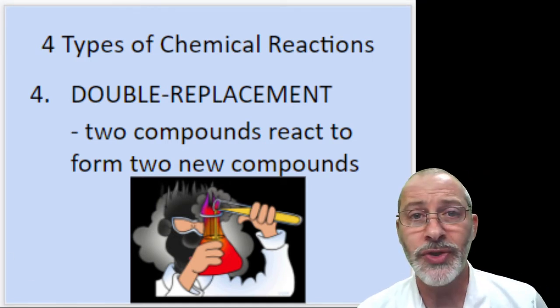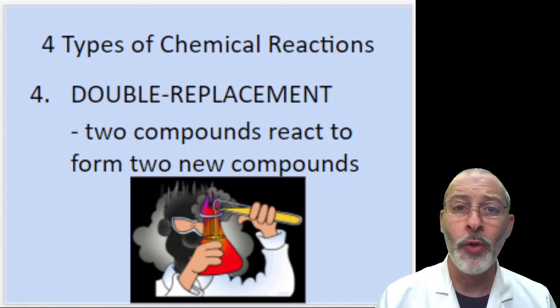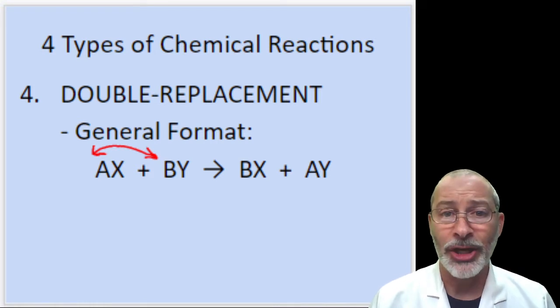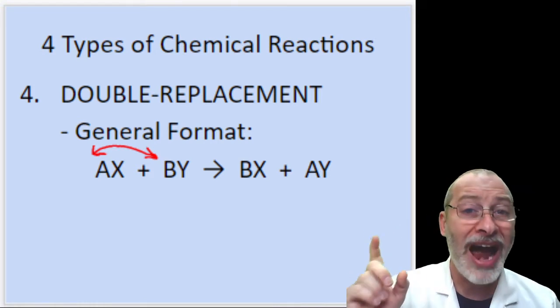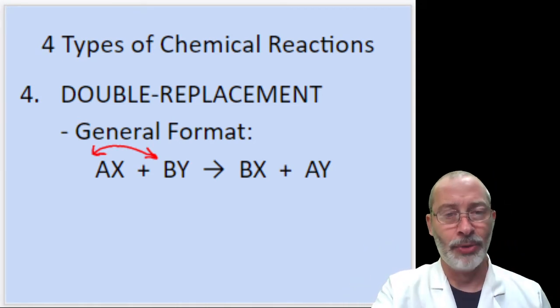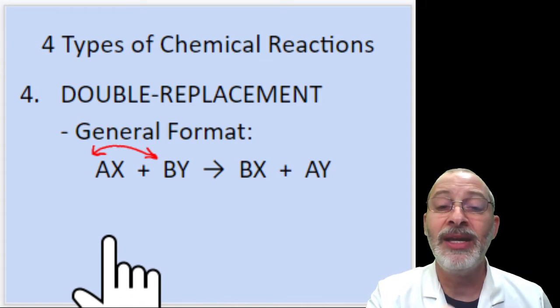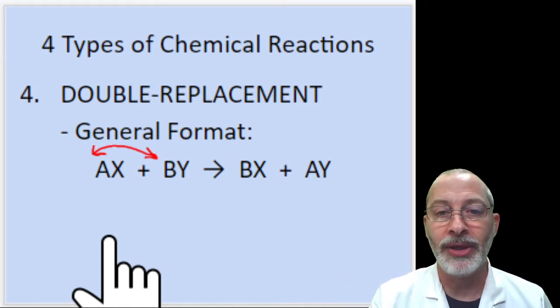Let's get to our notes and first write the general format of a double replacement reaction. Again, these are variables, not element symbols. We've got AX, which is representing a compound, two or more elements bound together.